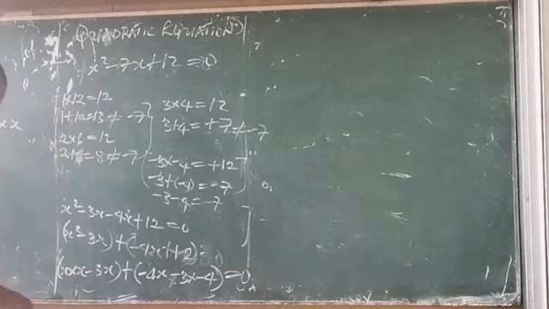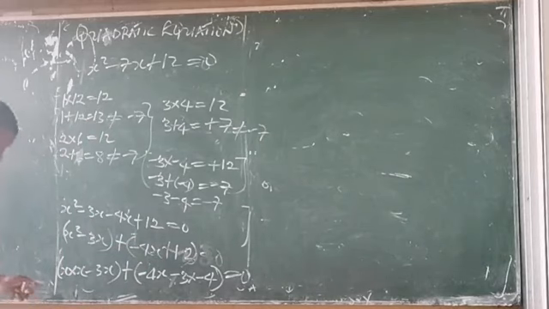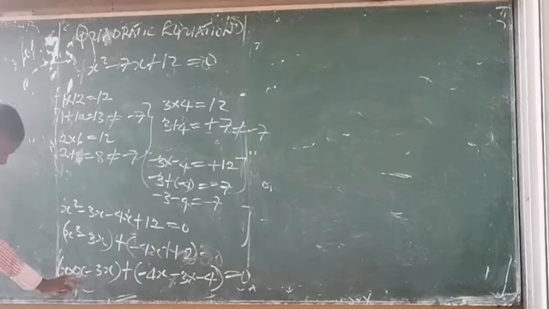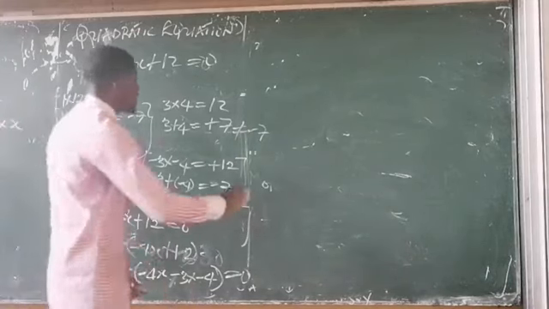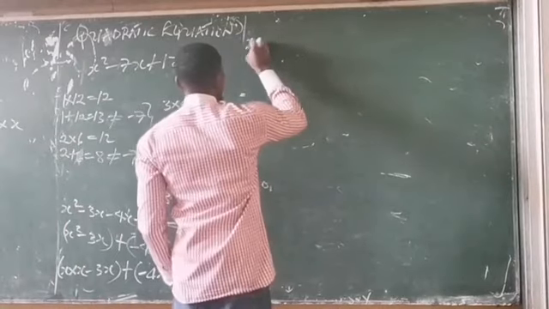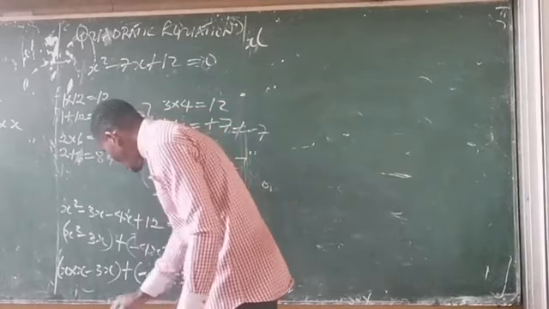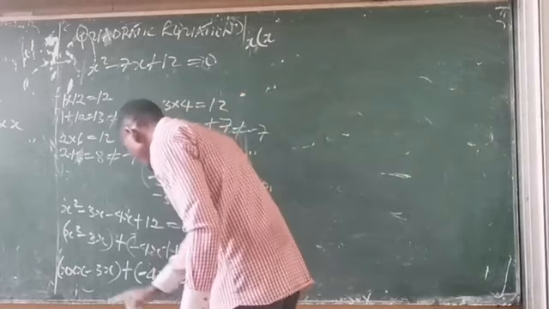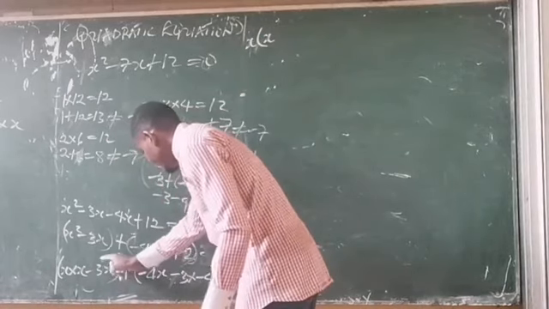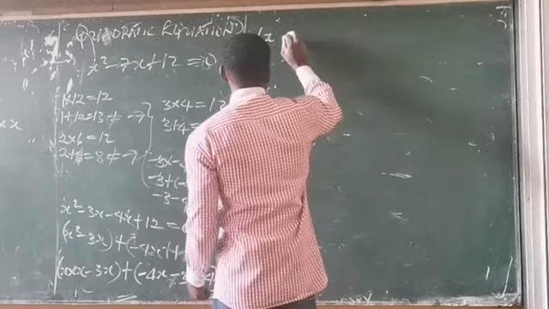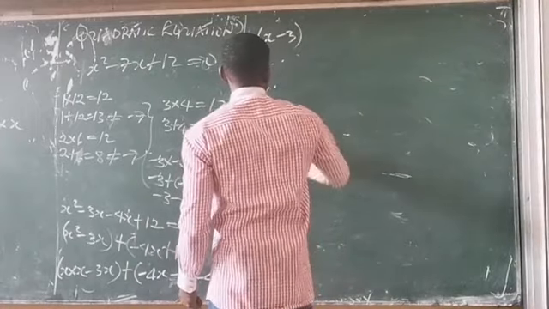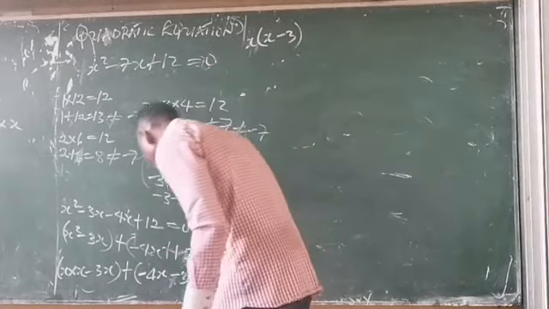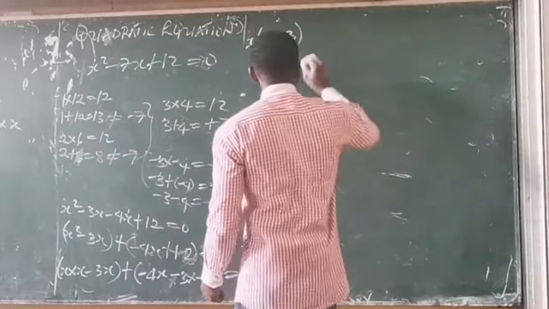So here now we factorize. There are two x here, and there is one x here, so we can pull out one of the x. If we pull out one of the x, we have x outside the bracket. So we are left with one x here, minus 3x, so take away x, 3 will be left here, so minus 3. Close your brackets.